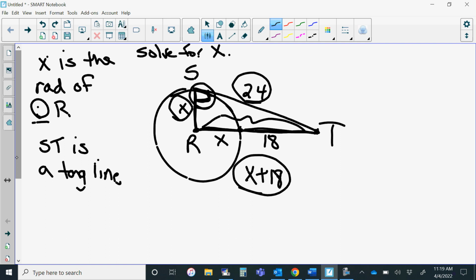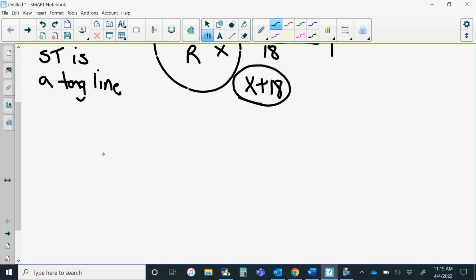So that tells you that x squared plus 24 squared has to equal what? X plus 18. How do I write that? Now that we have to put it in parentheses, what is in parentheses? x plus 18. Thank you.